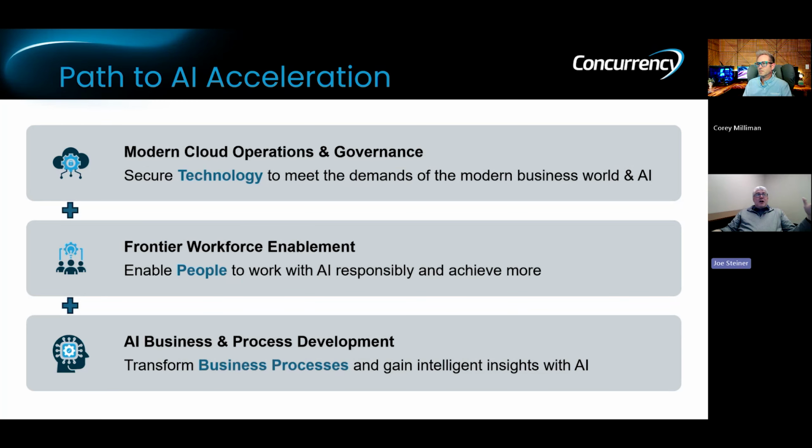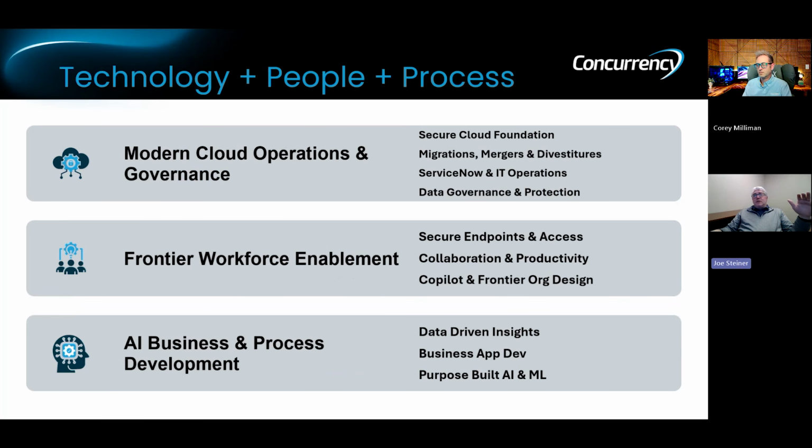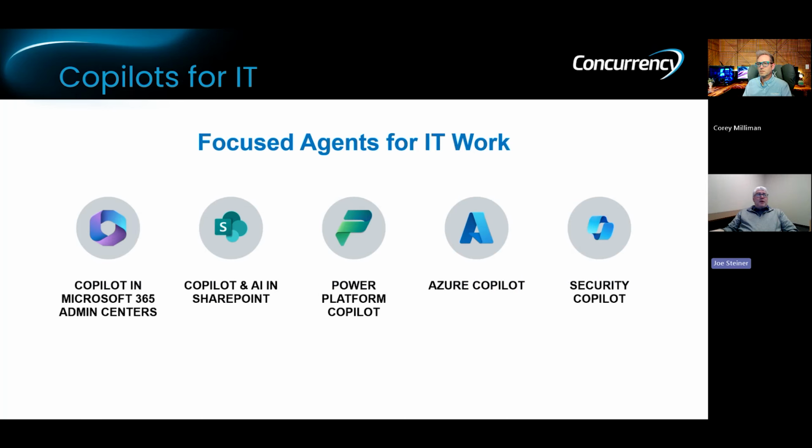The truth is, today there are Copilots for IT in each one of these segments that we're going to go through. Hopefully you'll find that beneficial. The biggest thing we'll encourage you at the end is to go play with this. If you have questions about it afterwards, feel free to contact us. We're excited to show you what's out there.